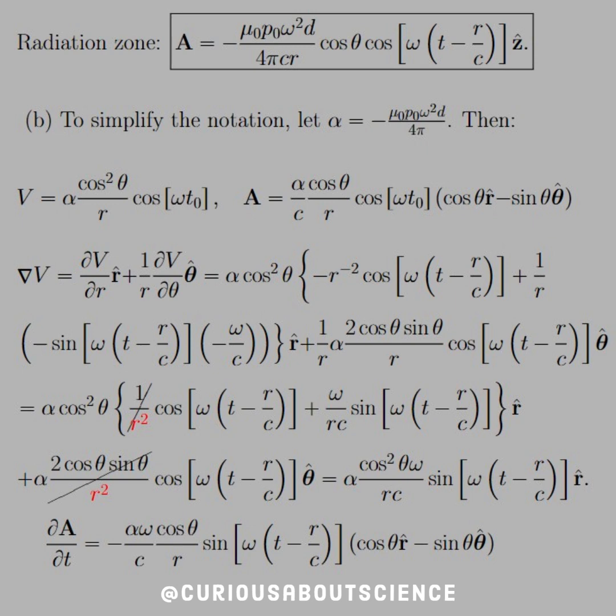Our next concentration here is taking a time derivative of the vector potential, and the only thing that has any time dependency is that cosine omega t naught. With that, we just get a factor of omega out front, and then we have a minus sign from the change in cosine to sine, but otherwise we're good to go with that.